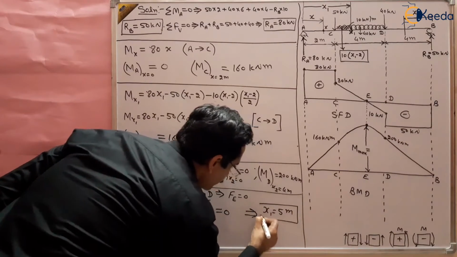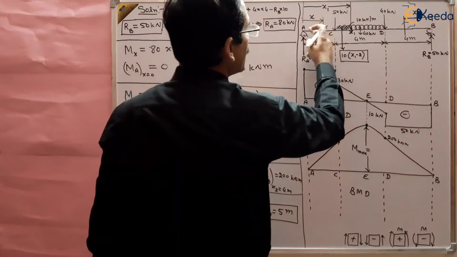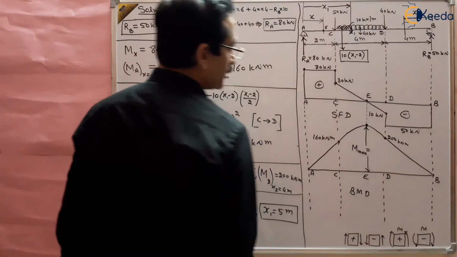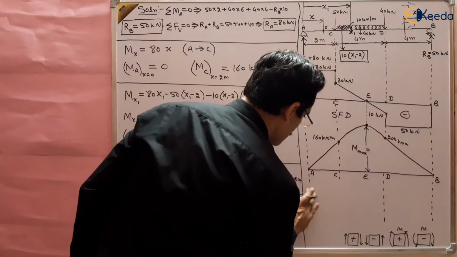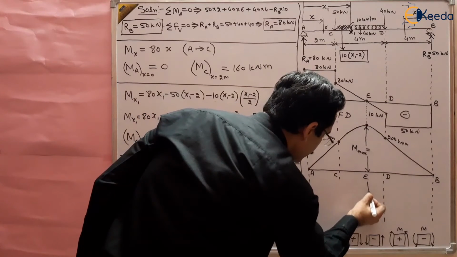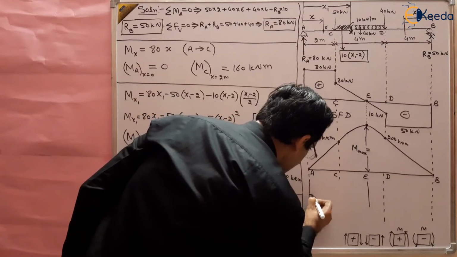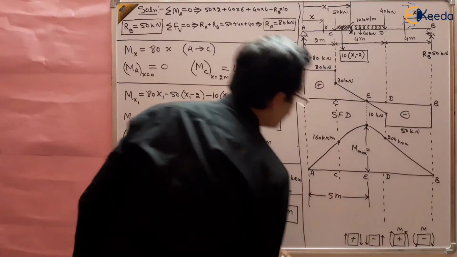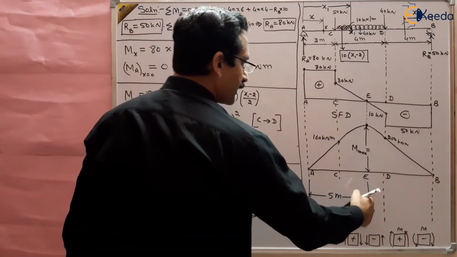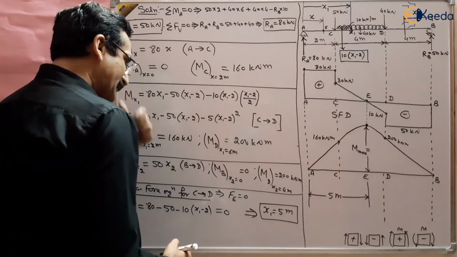So from A, this E location is at a length of 5 meter. So this E point is at a distance of 5 meters from A. This distance is 5 meters basically, at which the shear force is 0 or bending moment is maximum, right?